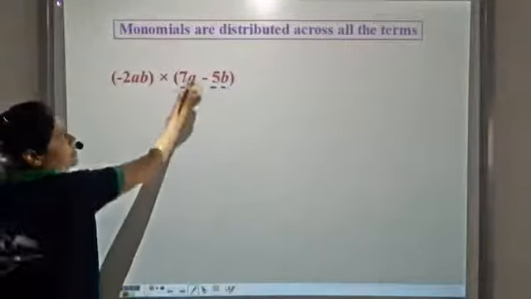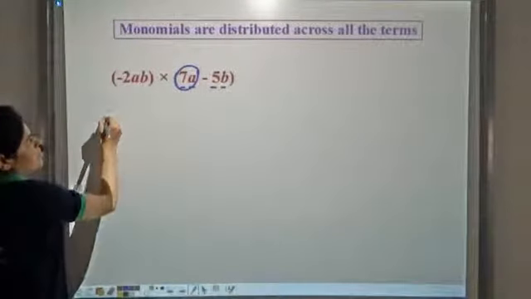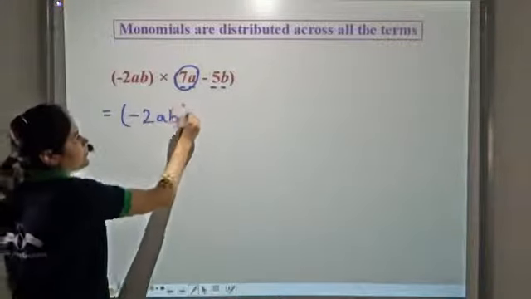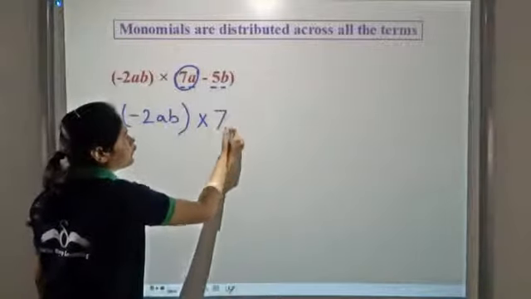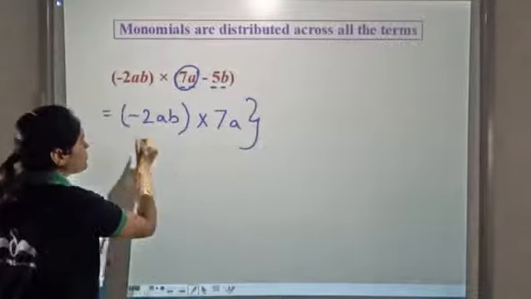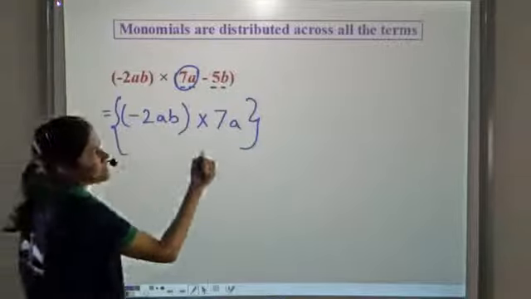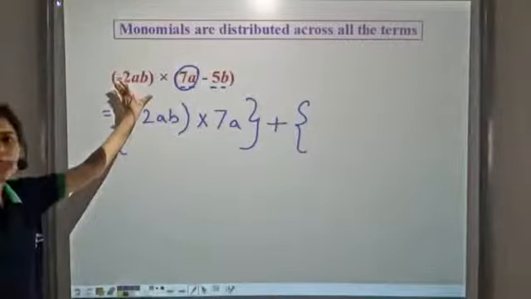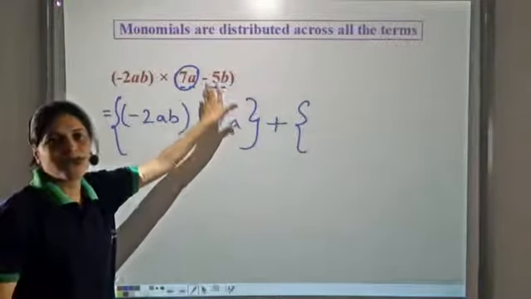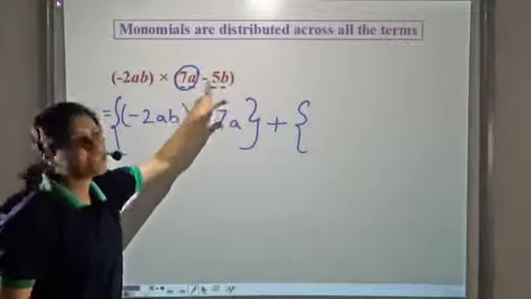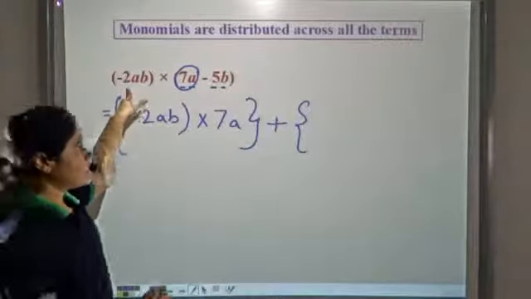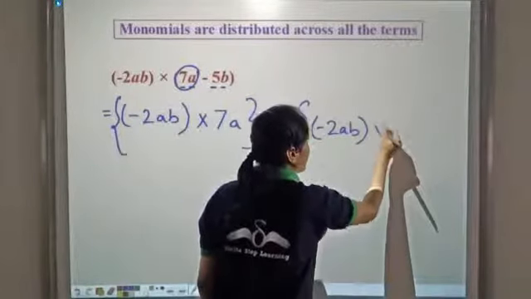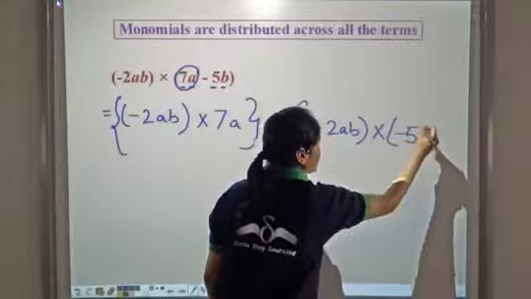The first term here is 7a, so we have negative 2ab into 7a plus. Now this has to be multiplied with the second term. What is the second term? It is negative 5b. So negative 2ab is multiplied with negative 5b.